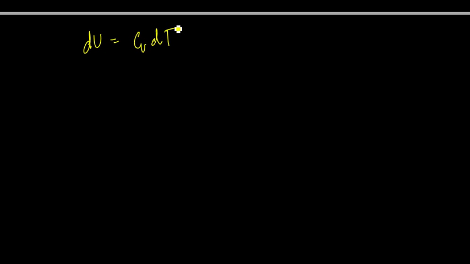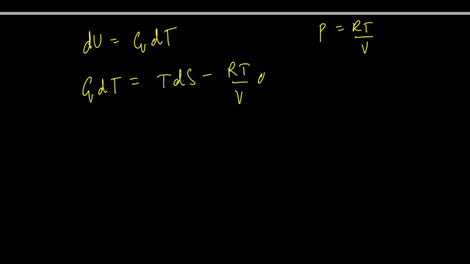And if this is a reversible change, then I can write Cv dT is equal to T dS, which is dq reversible minus P dV, or since P is equal to RT by V, let's write RT by V dV, right?